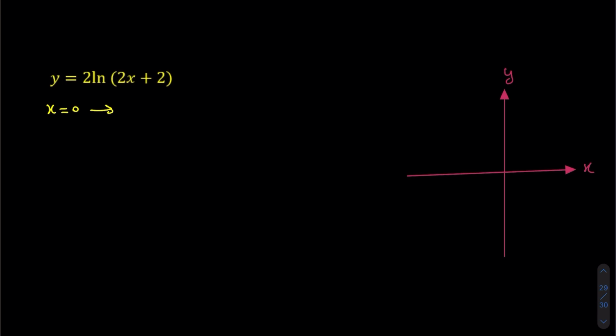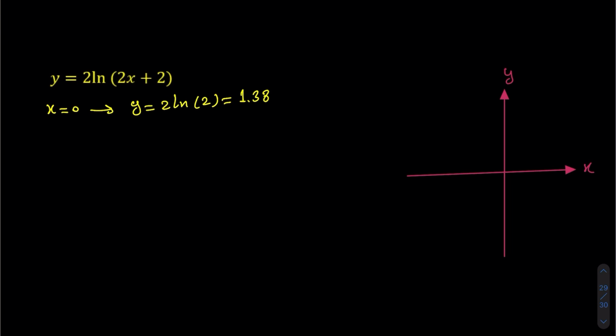Then y will be equal to 2 times ln 2, right? And ln 2 is equal to 0.69, and then we need to multiply it by 2. It will be equal to 1.38.